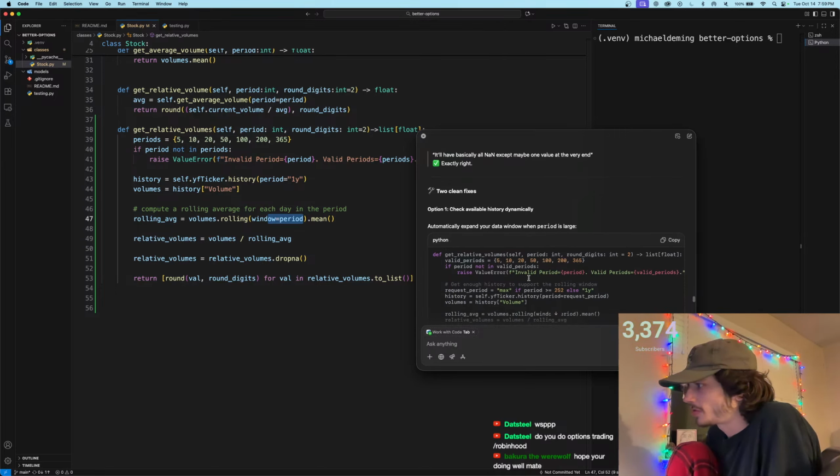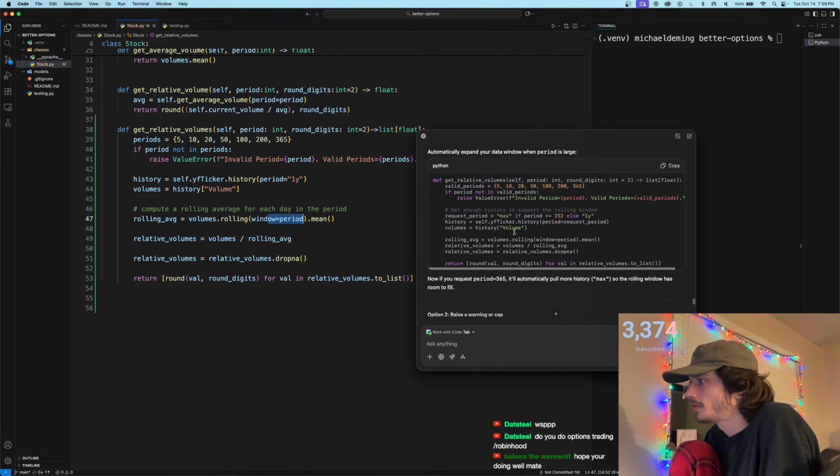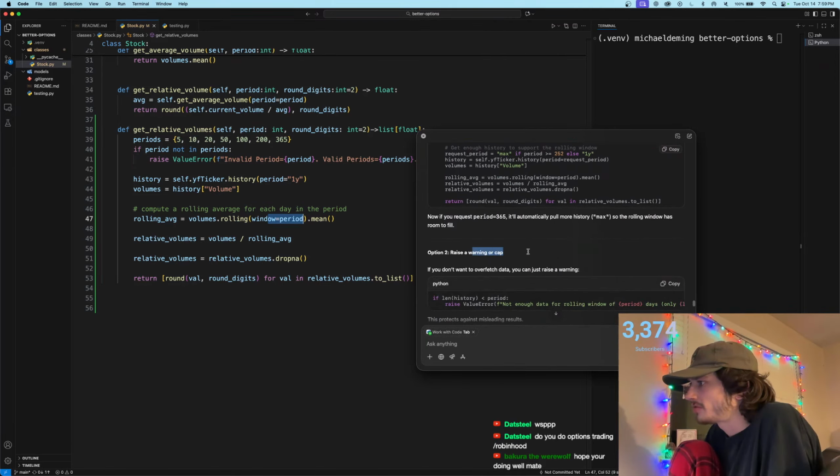Right, so you have to compare the requested period. Use max if the period is larger, or just use max altogether. The option is to raise a warning or a cap.